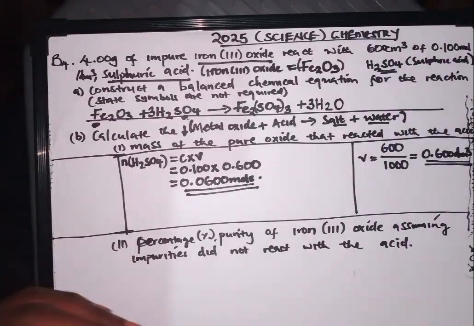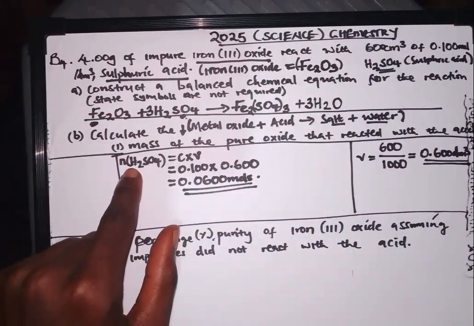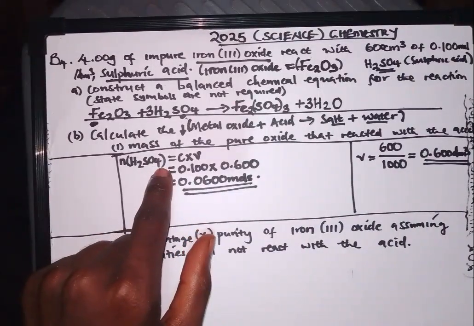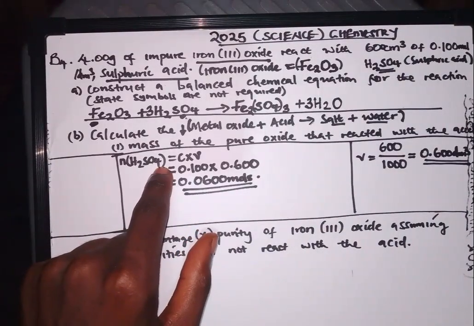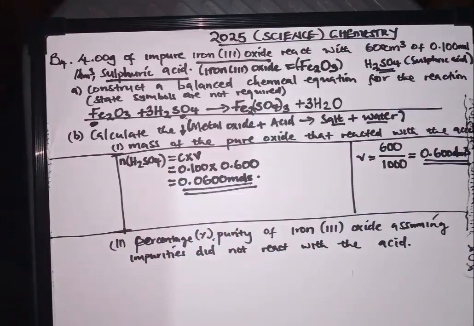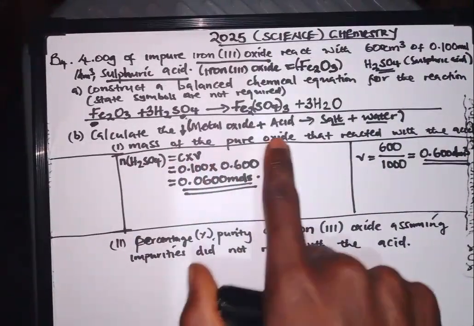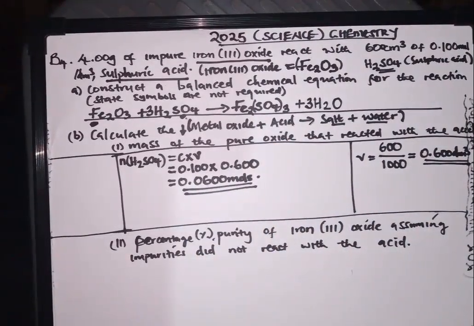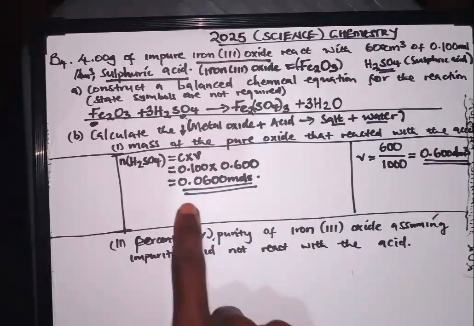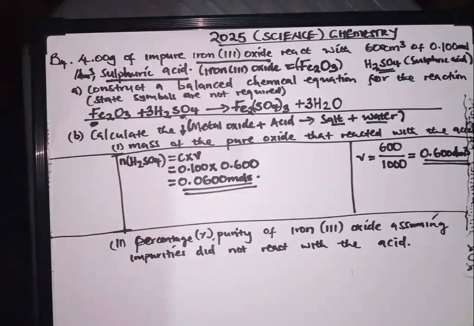We have basically calculated the number of moles of what? Sulfuric acid. But remember, the question is not asking us for the moles of sulfuric acid, but for the mass of what? Pure oxide. So how do we move now from the number of moles to mass of pure oxide?